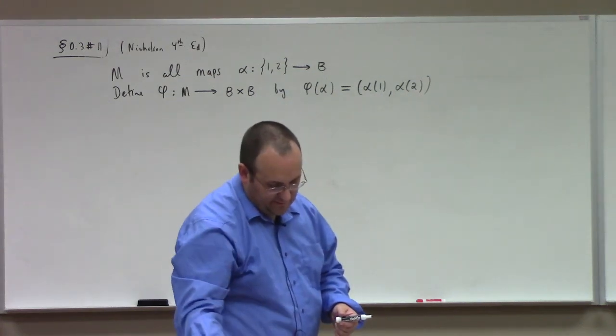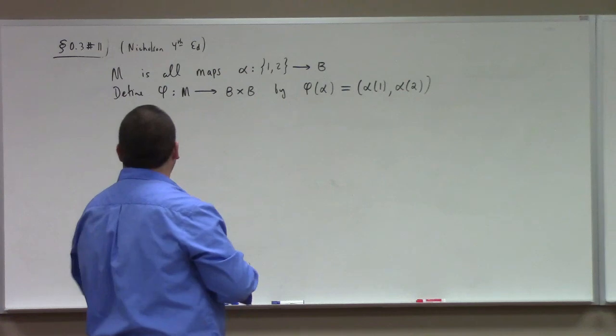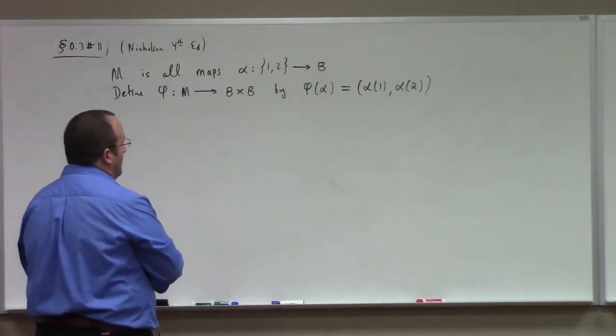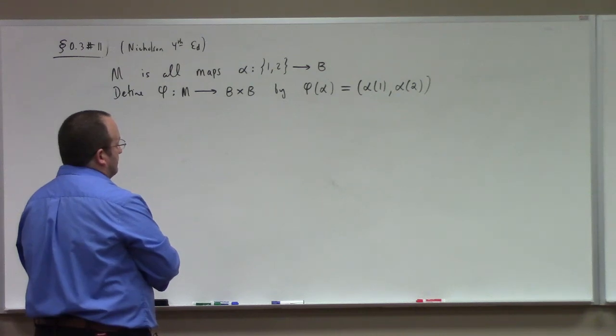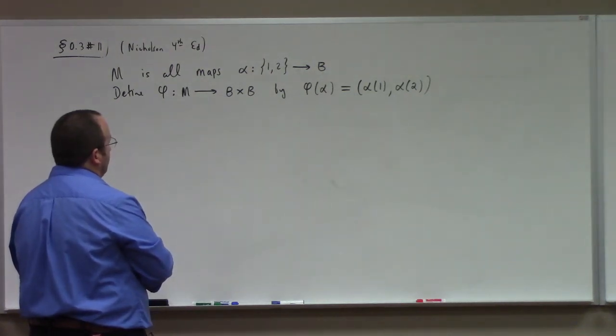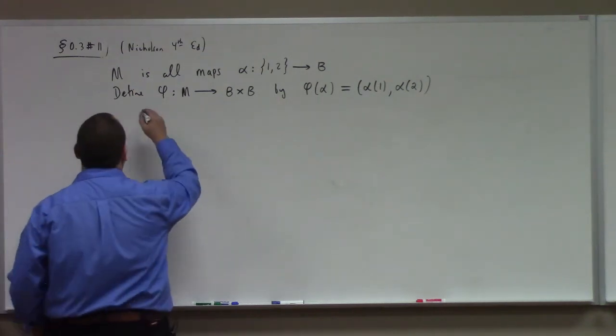Not a lot to work with here. How can we show something's a bijection? What does it mean to show that phi is a bijection?